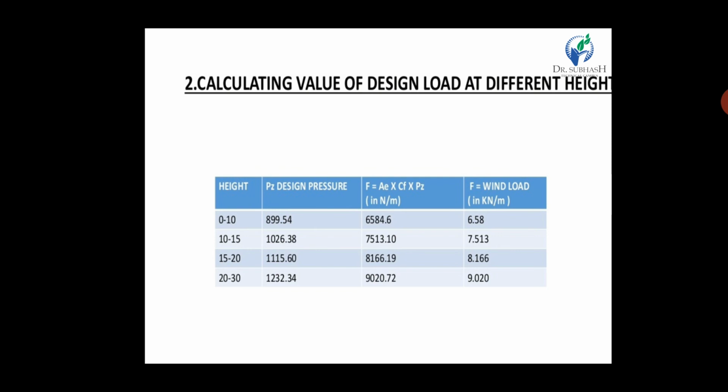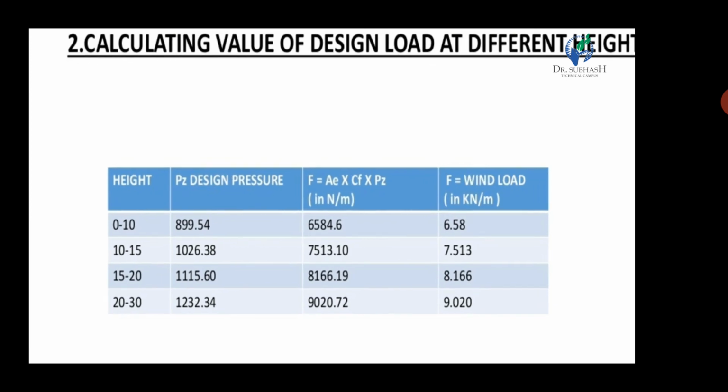According to that equation of F, our F in Newton per meter is converted into kilonewton per meter. You can see it in the right hand column of our table. At 0 to 10 meter our wind load is 6.58 kilonewton per meter, 10 to 15 is 7.5, and 20 to 30 is 9.02. So you can see the effect of height on the wind force in this table. When the height rises, our wind load increases.